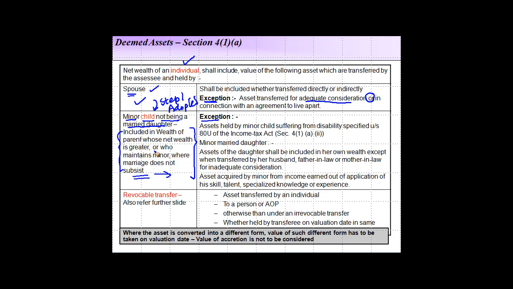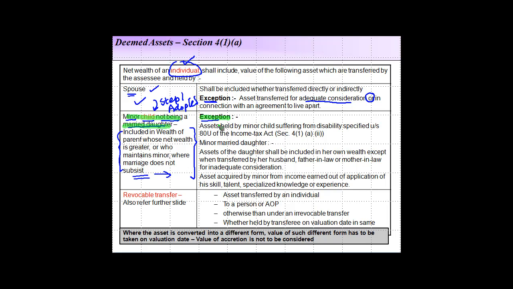So there are two parts here. One is transfer of an asset by an individual, which is this green portion. The rest of the portion you just leave for the time being. I will discuss this separately in the subsequent slides.